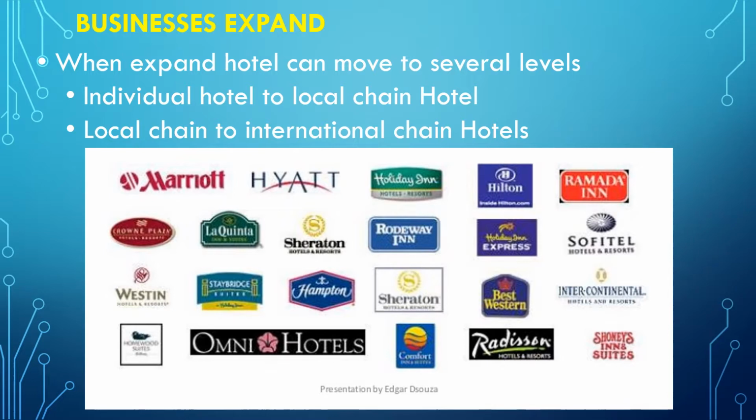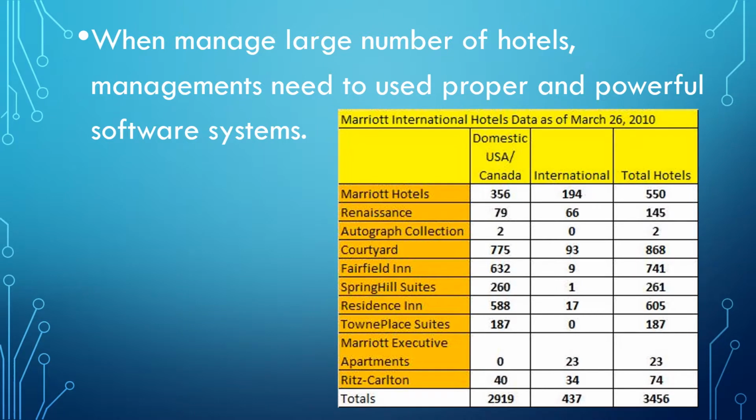Without having a proper system, they can't understand. So they use a proper system. Connected to the same slide, when managing a large number of hotels, management needs to use a proper and powerful software system.